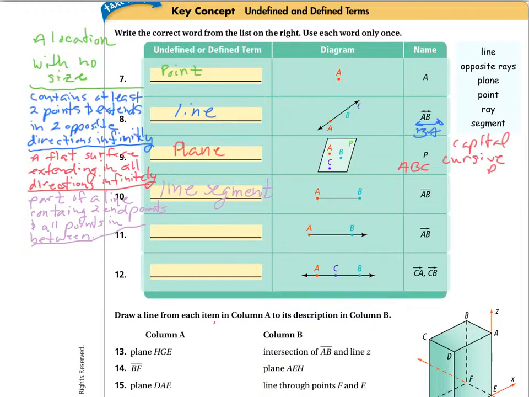So if there were any points in between A and B, it would contain those points. And there's actually an infinite number of points between A and B. You just don't see them.